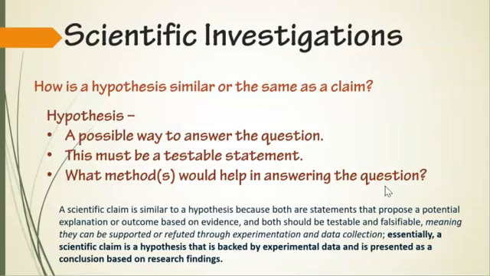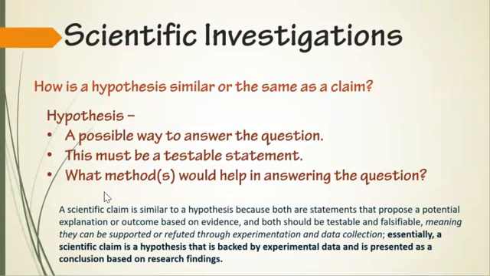Then I went and looked up some information, and this AI answer was pretty good here. A scientific claim is similar to a hypothesis because both statements propose a potential explanation or outcome based on your evidence. Both should be testable and falsifiable, so they could be refuted or supported.